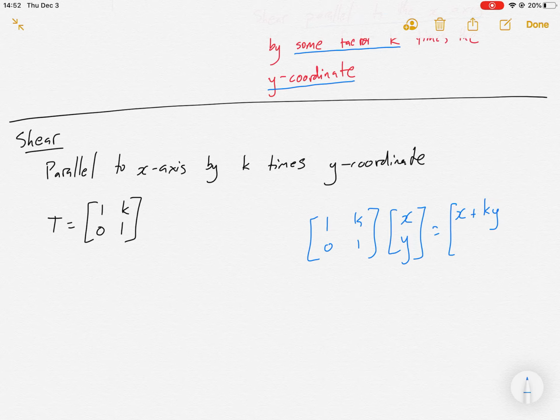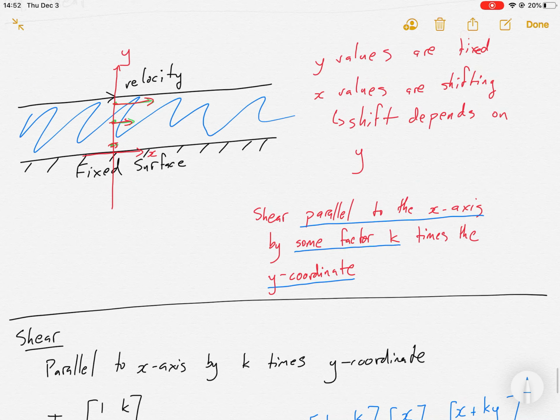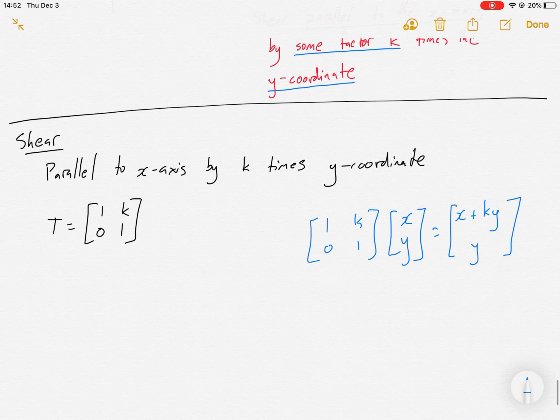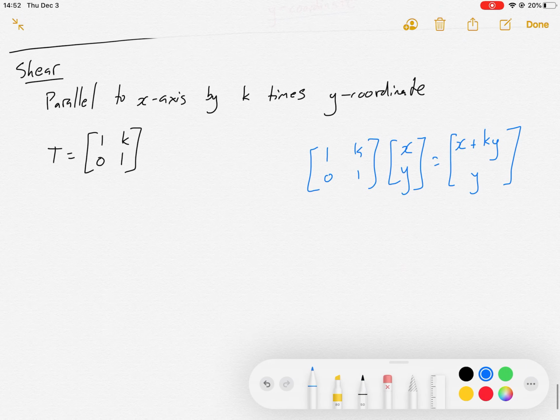Again, depending on where I am on my y-axis, this will be a larger or smaller amount. And then the bottom part's going to be y. So y actually remains unchanged, just like we said in this example. The y values are fixed, and the x values shift depending on the value of y.